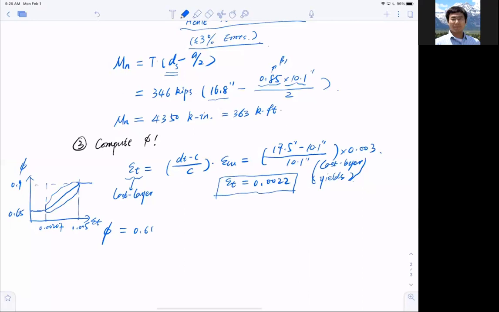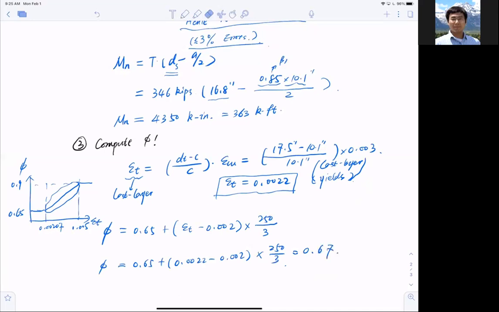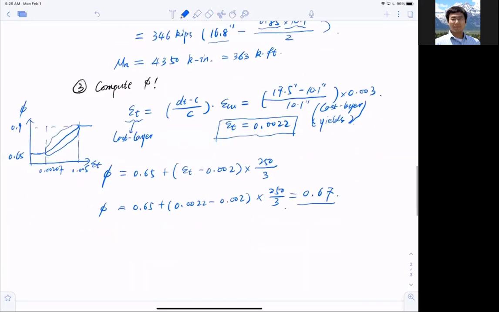That is 0.65 plus epsilon t minus 0.002, multiplied by 250 divided by 3. Plug in the number: 0.65 plus 0.0022 minus 0.002 multiplied by 250 divided by 3, and you got the number to be 0.67, which is quite different from 0.9.